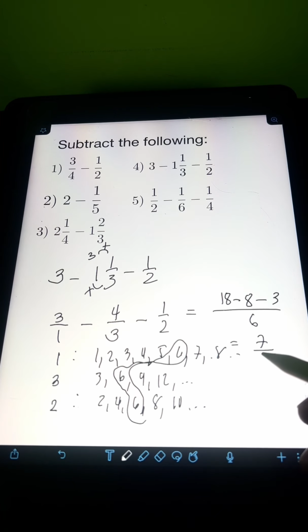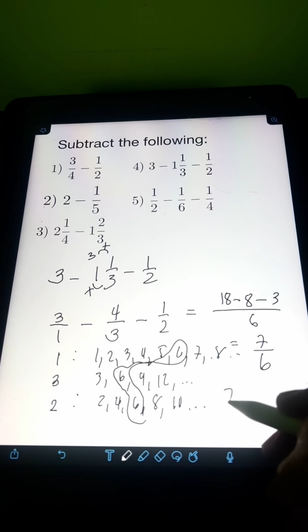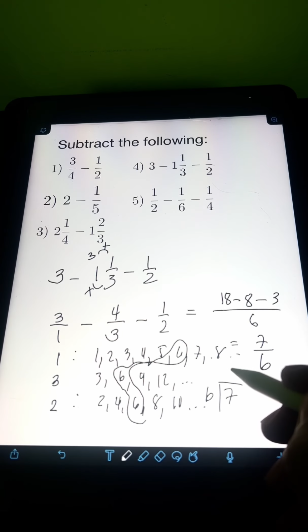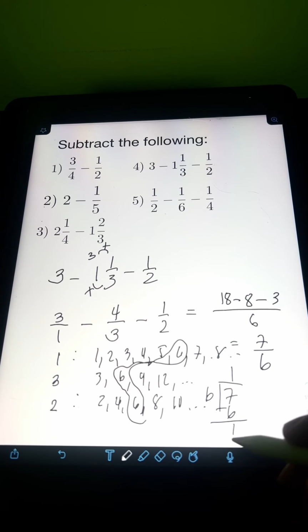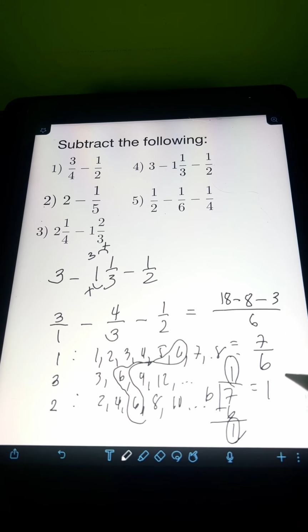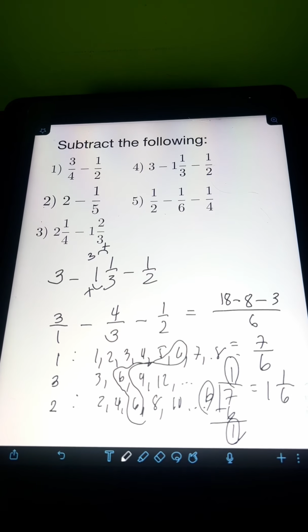So we have 7 over 6. So we can transform this 7 over 6 to mixed number since this is an improper fraction. So divide the numerator 7 by 6. So 7 divided by 6, it's 1. 1 times 6, 6. 7 minus 6, it's 1. So therefore 7 over 6 is the same as 1 and 1 over 6.